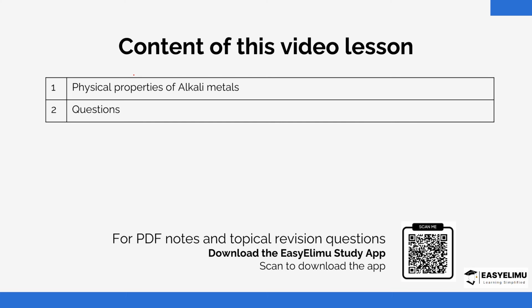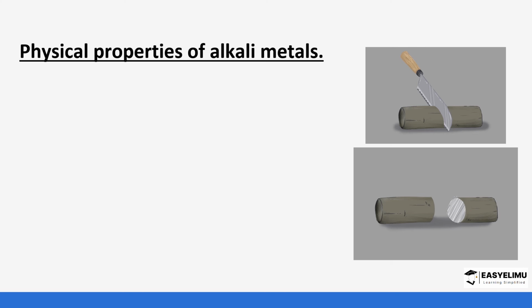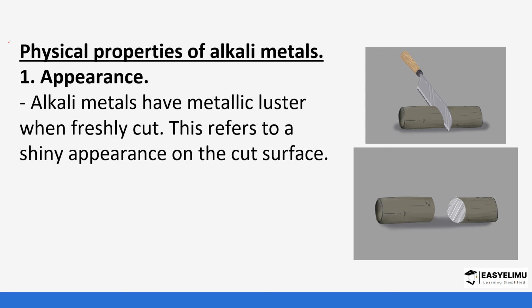So let's begin. One of the physical properties of alkali metals, as you can see from the diagram, is the appearance. This appearance usually has a metallic luster. You are able to see it especially from a freshly cut surface, as you can see in the image.